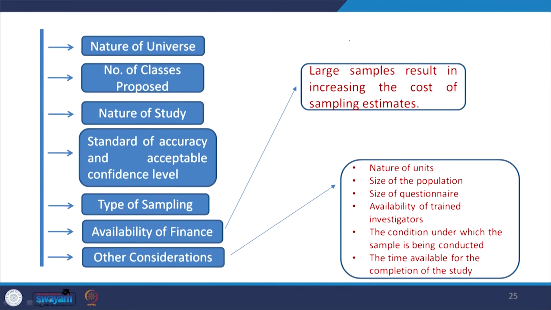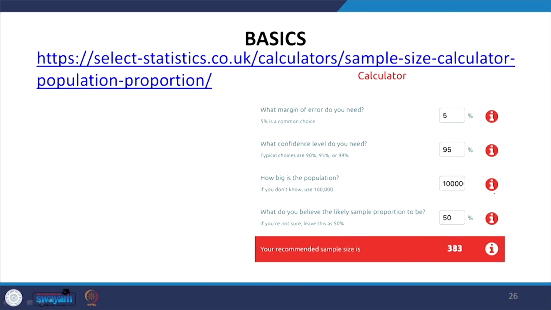What are the other restrictions or considerations, like nature of units you are collecting, size of population, size of questionnaire, availability of trained investigators. If trained investigators are there, with less sample information, they are able to estimate the right result. The condition under which the sample is being conducted, and the time of survey, is also important.